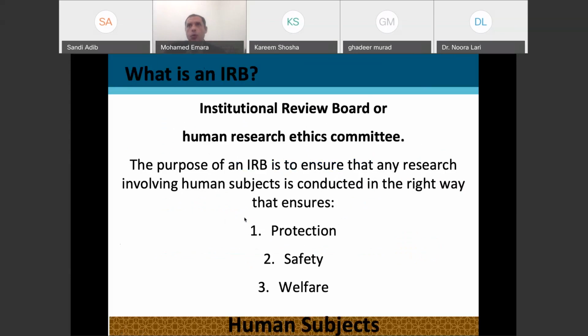That is what the IRB is all about: ensuring that any research involving human subjects has protection, safety, and welfare for those subjects.